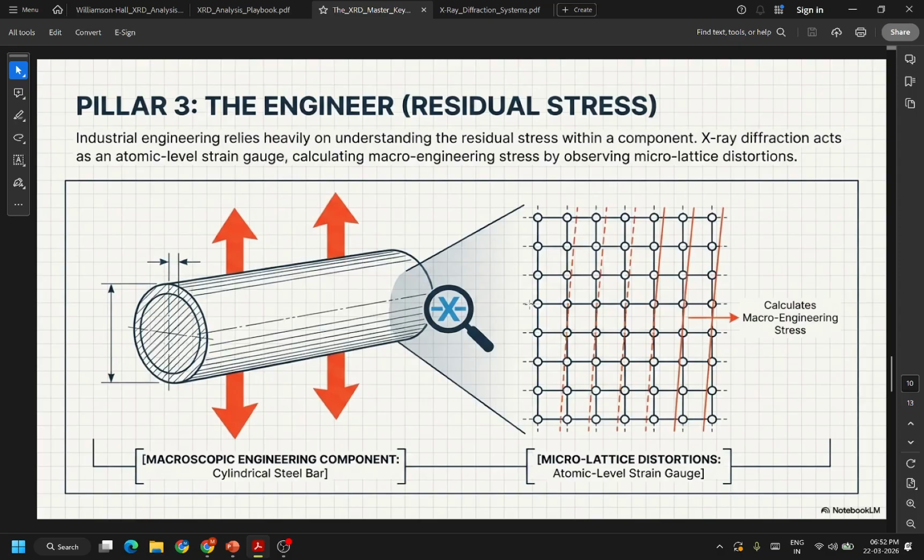Next, we come to residual stress. Industrial engineering relies heavily on understanding the residual stress within a component, and X-ray diffraction acts as an atomic level strain gauge. It calculates macro engineering stress by observing micro lattice distortions.